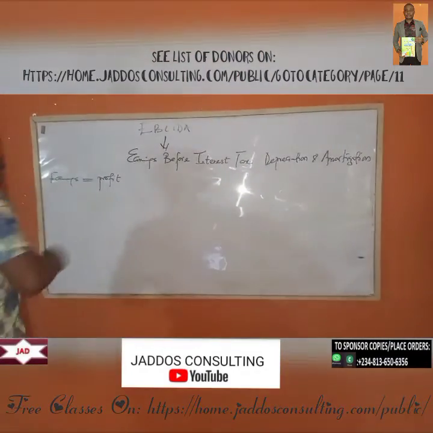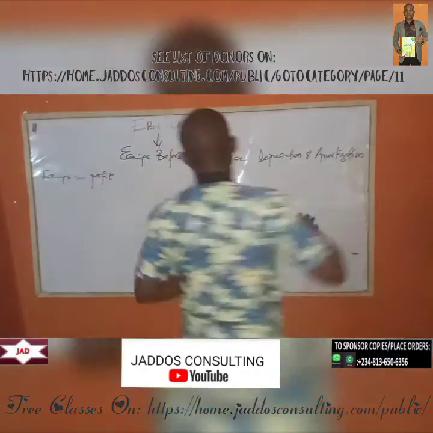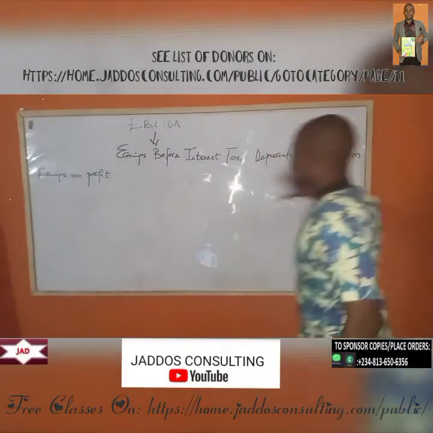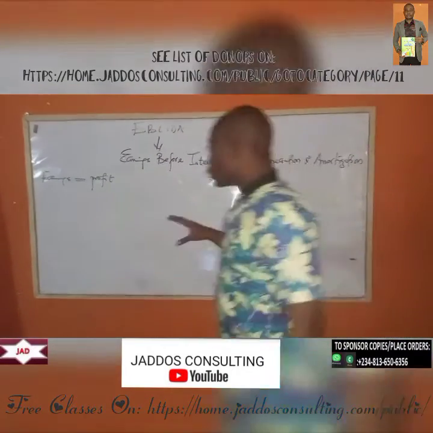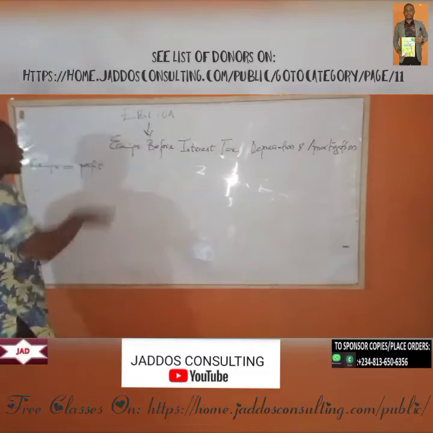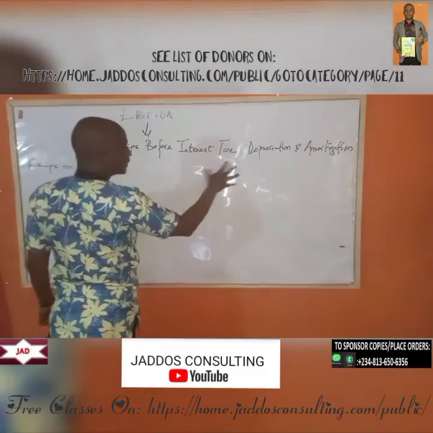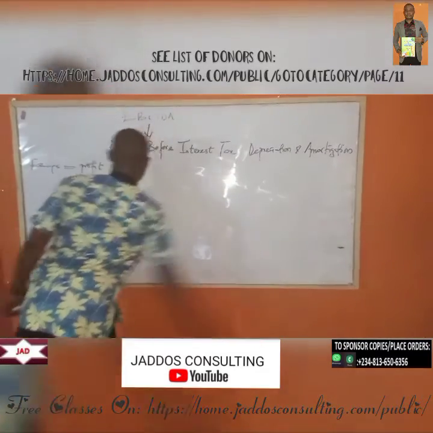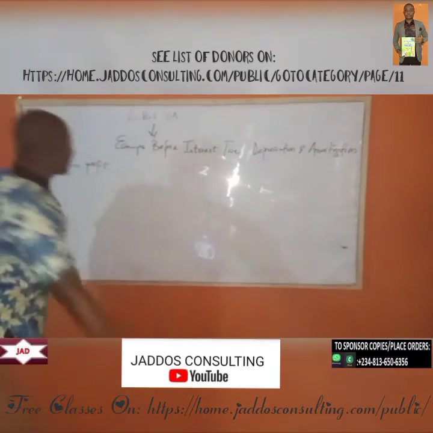So today, I want us to quickly understand how to arrive at what? EBITDA. So to make it simple, what we're saying: earnings before interest, tax, depreciation, and what? Amortization.